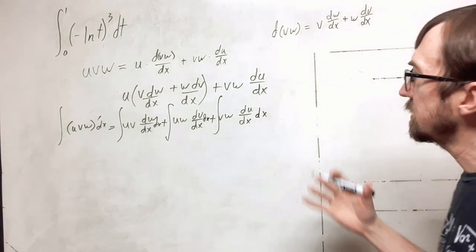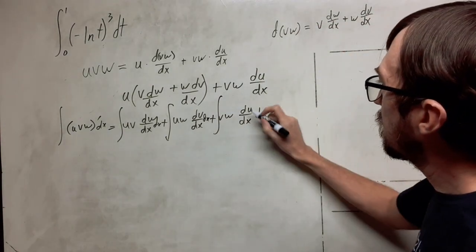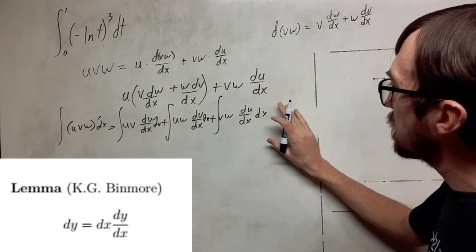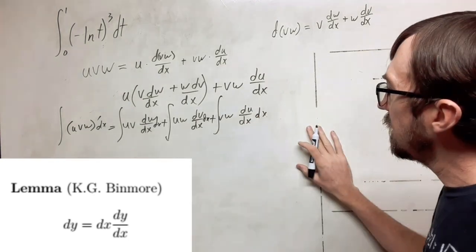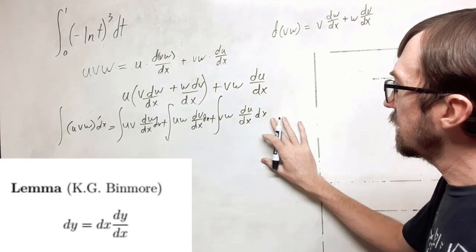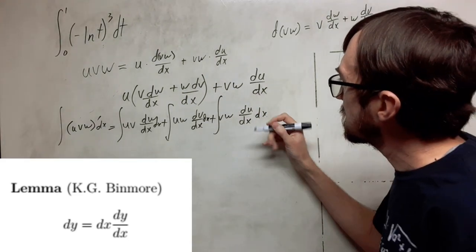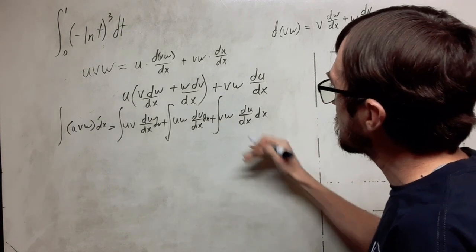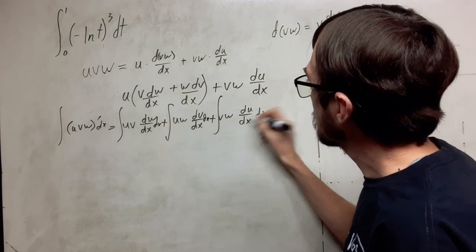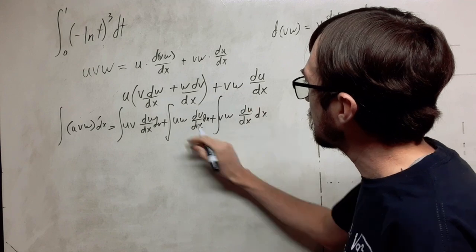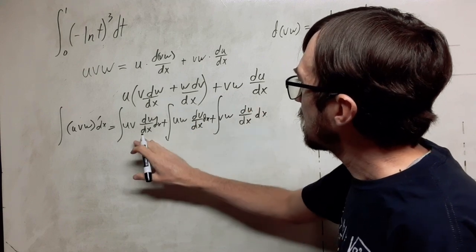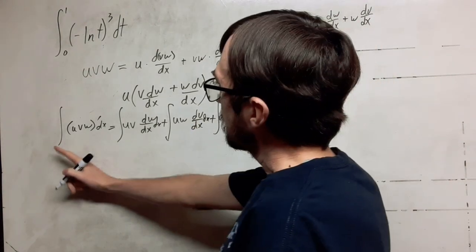These differentials here will settle out. If you look at an analysis book like Binmore's, he takes the time to make this rigorous, that these will come out to be just du here, dv, and dw here.